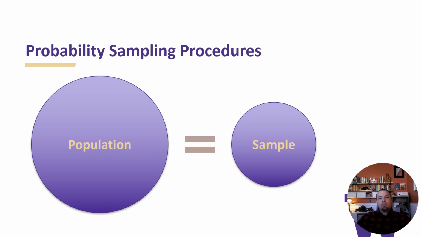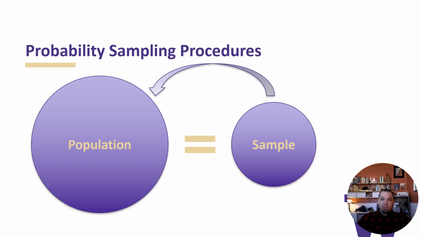Probability sampling is when the sample can equate to the population and we can make inferences about the population based on the sample. This is typically statistical inference, because each case within the population has an equal chance of being included in the sample.